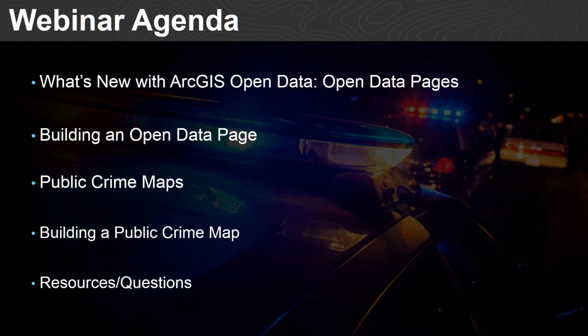In the second half of the webinar, we'll cover building configurable crime maps using ArcGIS Online, showing a couple of examples from law enforcement agencies who are currently using ArcGIS Online to deliver public crime maps to their citizens. And we'll show how you can quickly configure a public crime mapping application to help citizens ask questions about public crime data in a new way.